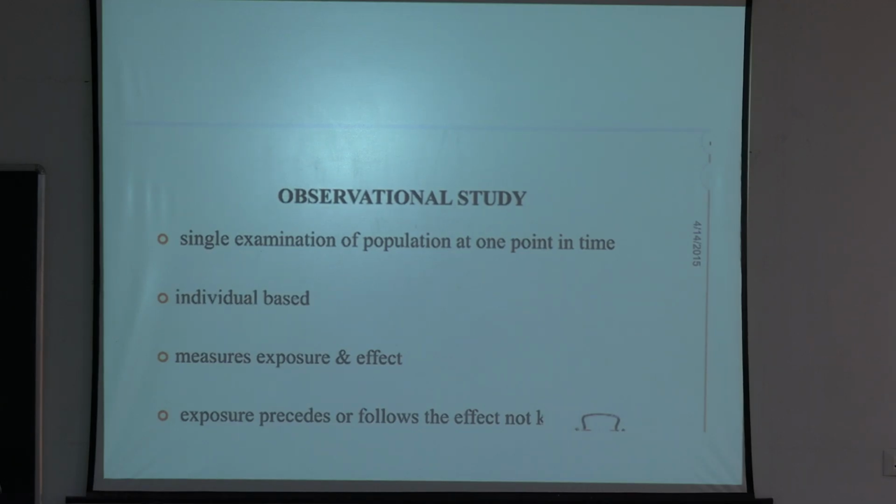I just check the blood pressure of all the students. And I find that 20 of you have hypertension. Then some of you say, sir, it happened because after coming to medical college, my pressure went up, or I fell sick or this and that. So that is what they're saying, exposure and effect. Exposure precedes or follows the effect. Okay.